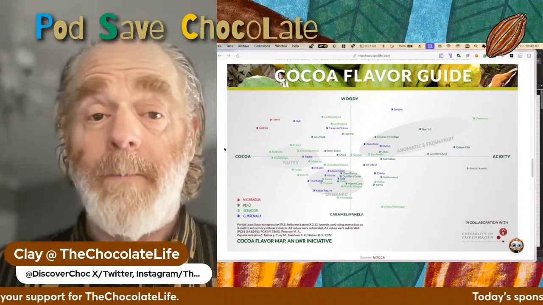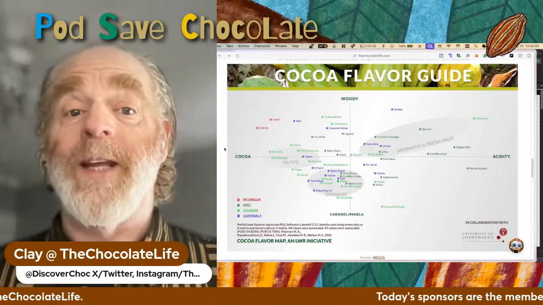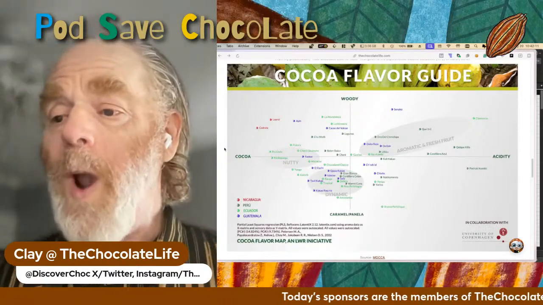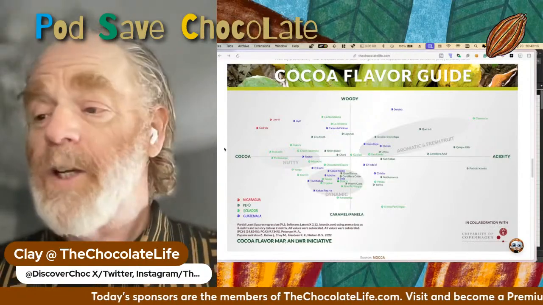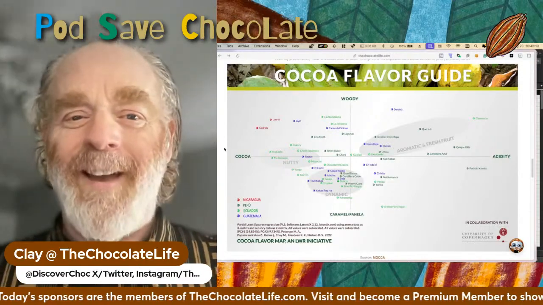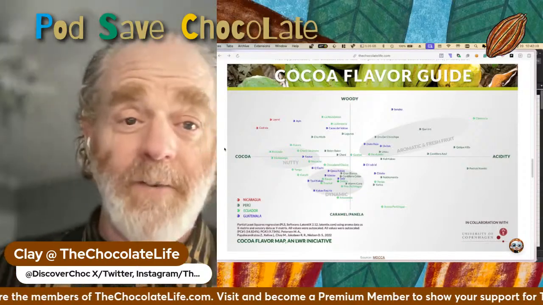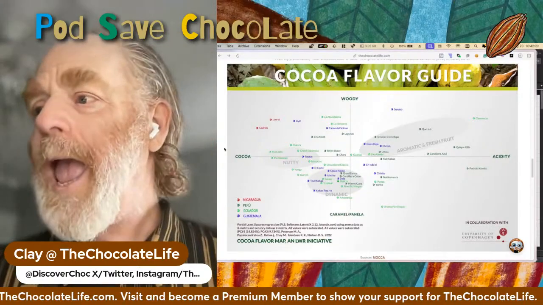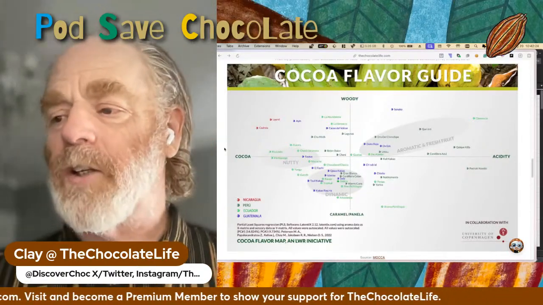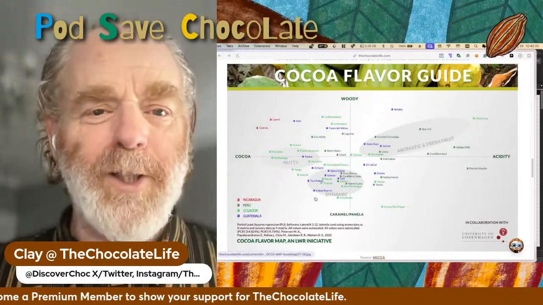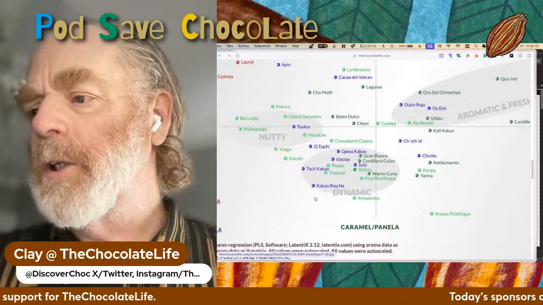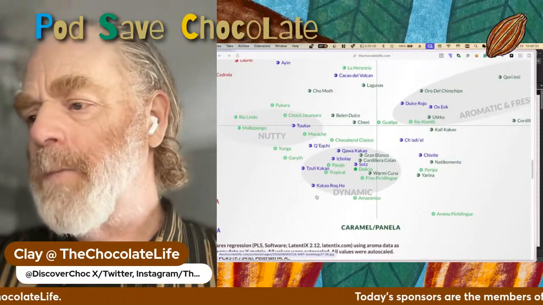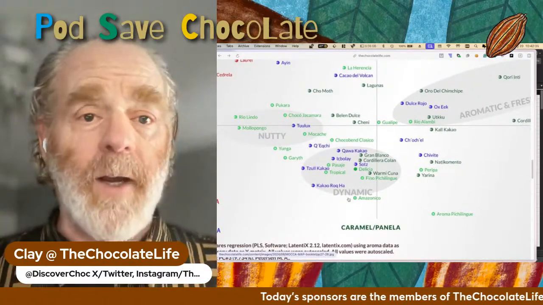And what we see is that the researchers here have identified a couple of clusters, where there appear to be cocoa beans grown in different countries, with different fermentation protocols, right? So we have different genetics, different fermentation protocols, obviously different agronomic practices. And what happens is they deliver remarkably similar flavor profiles. What's interesting is the one labeled dynamic on this chart.